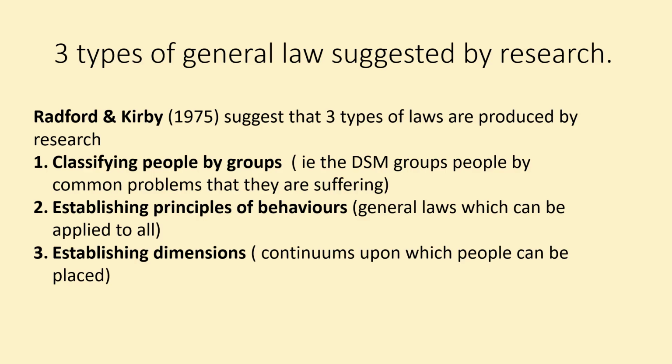So the idea of continuums, continuums upon which people can be placed. So we might have emotional stability. We might have mathematical ability. We might have level of empathy. We might have level of morality, social competence, all those sorts of things we might have on a continuum in which we recognize different people there.